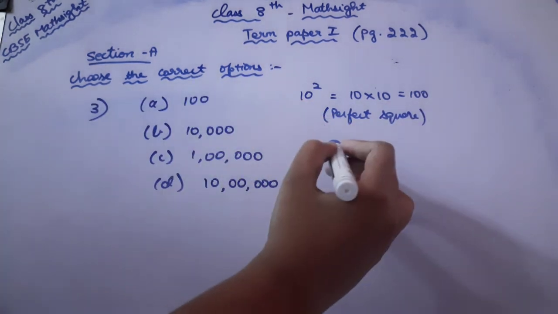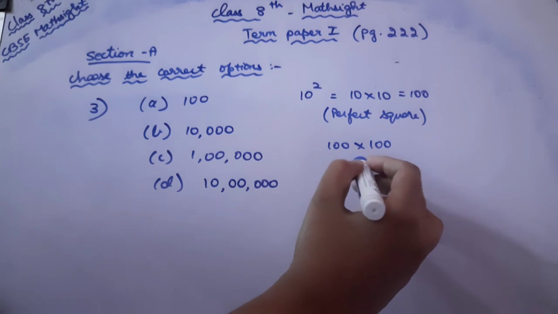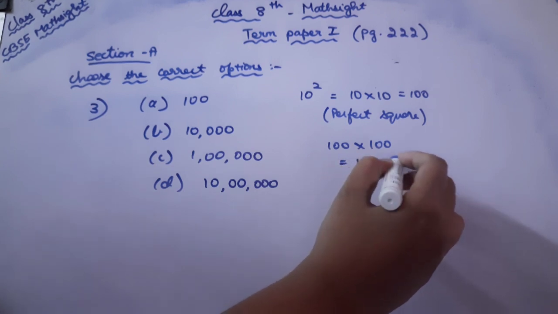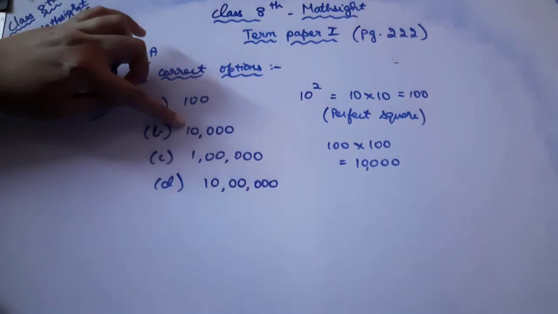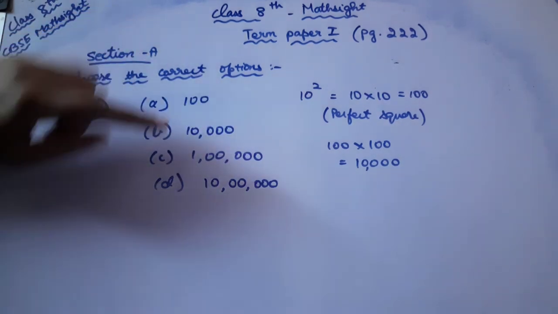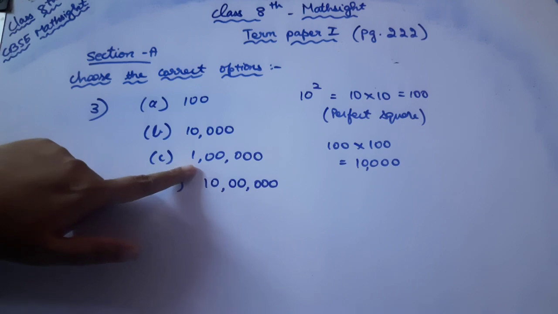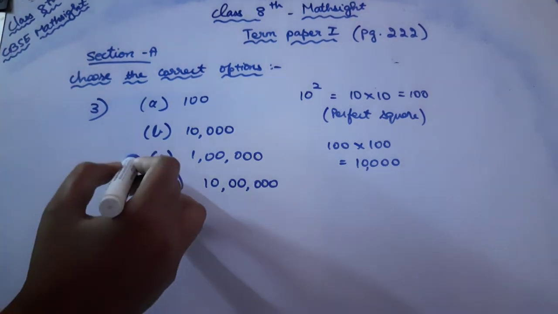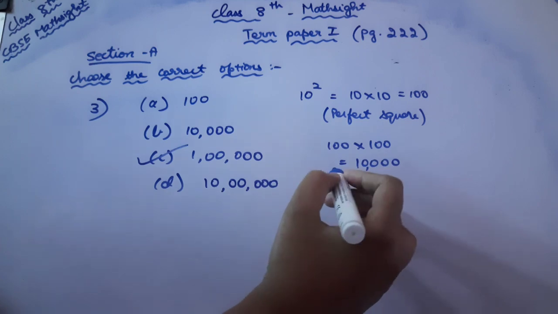In the same way, 100 into 100 gives us 10,000, so option B is also a perfect square. 10,000 is 10 to the power of 4.